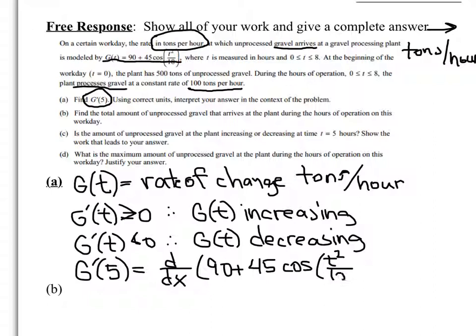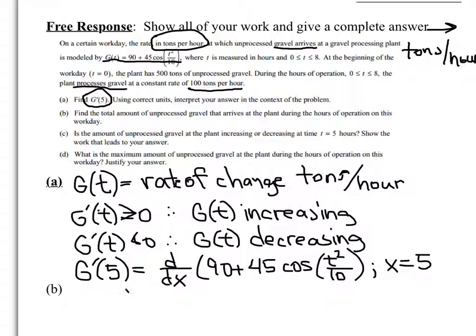I'm trying to read over my writing. I hope I copied that down right. Now, you'll have to tell your calculator with respect to 5. If you don't know how to do that on your calculator, you need to come in and learn. That's one of the 4 things you have to be able to do on your calculator, find the derivative of a function at a certain point.